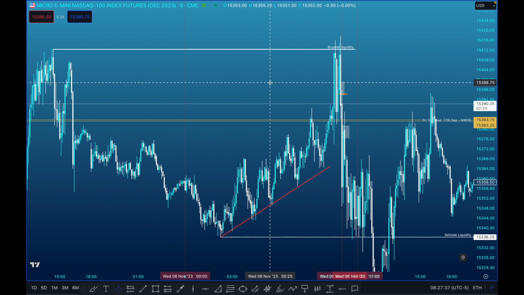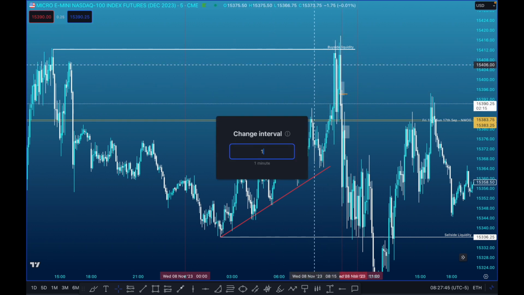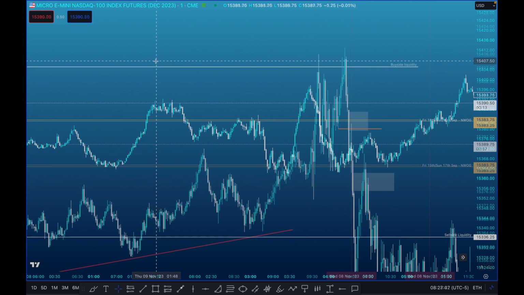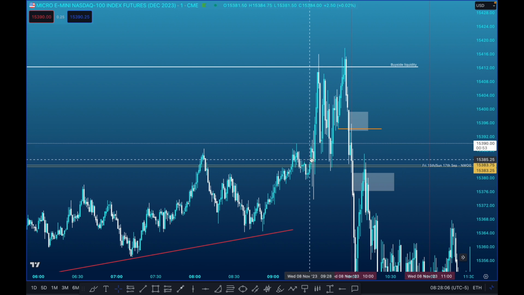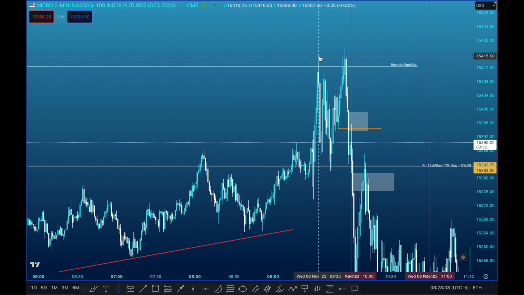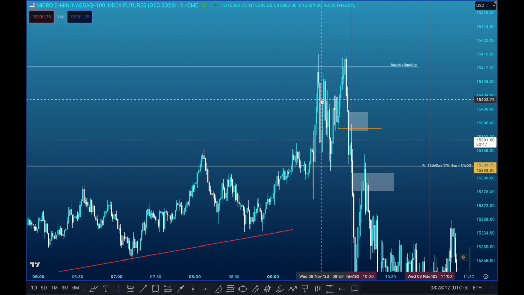Okay, so that's the context. In terms of an entry and framing where I can get in, this is on a 5-minute time frame. If we go down to a 1-minute time frame, we can see that high up there. We had the pierce up there, and then we ran down, right?